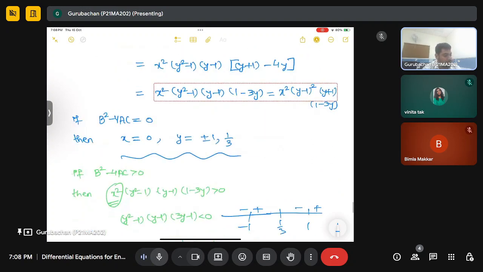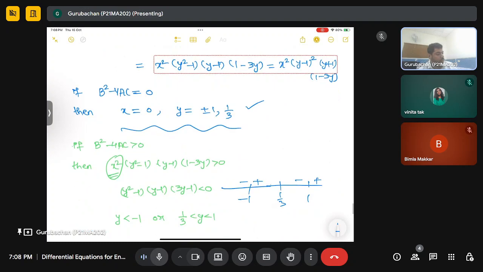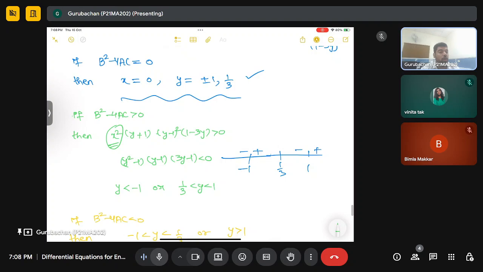So this one is correct, but when you talk about this one, this will be your y plus 1 whole square. So sign will not change here with respect to 1. So after 2 it will be positive.